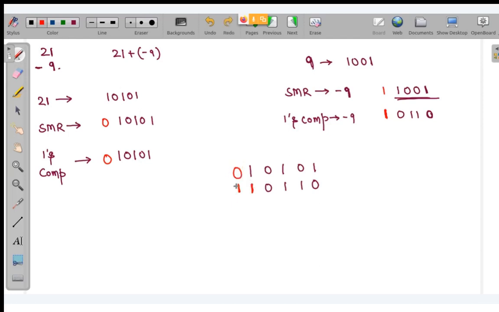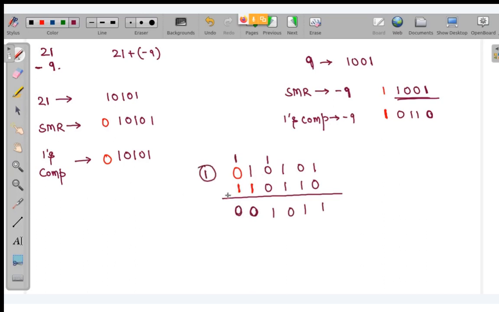So automatically everything will be taken care of. Now if you add these two, 1 plus 1 is 0, carry is 1. 1 plus 1 is 0, carry is 1. 1 plus 1 is 0, carry is 1.